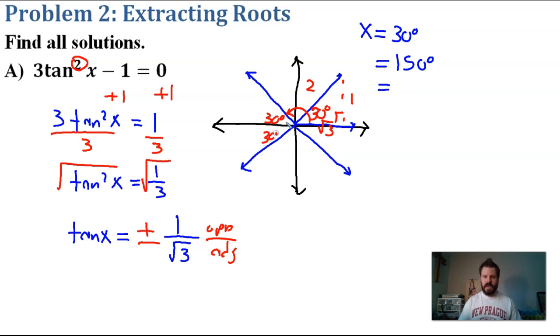Okay, I'm also going to have 30 past 180, so 180 plus 30 would be 210 degrees. And then finally, the last one, as my picture becomes a mess here, we have 30 short of 360, so in other words, 330 degrees.